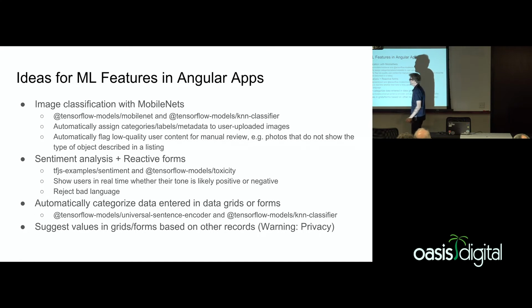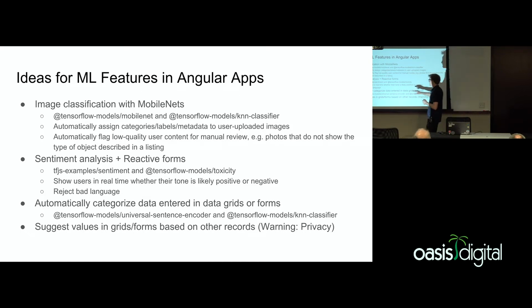Another idea was to do sentiment analysis and combine that with Angular reactive forms. I don't know if I mentioned, this isn't a built-in model. This is one of the examples from the examples page that I showed. There's a sentiment analysis example where you basically can type in any words and it will guess whether it's a positive tone or a negative tone.